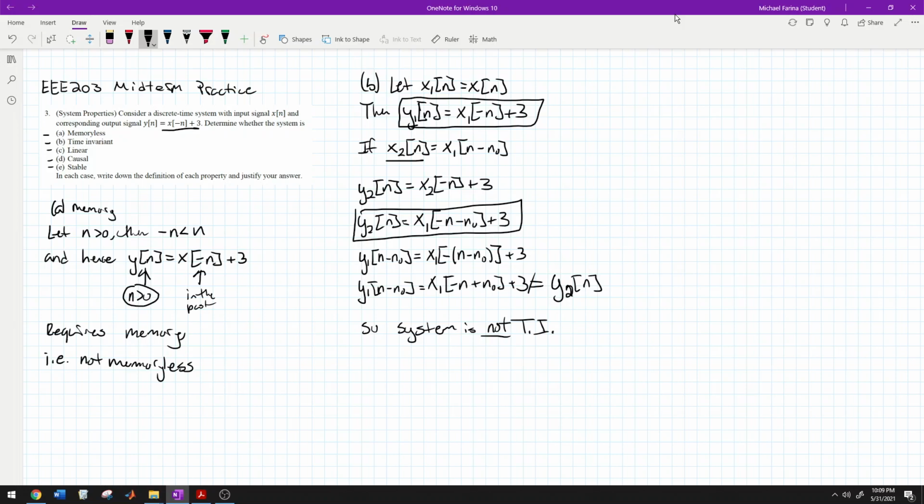All right, C, linearity. Let's have three signals. Let x3 be a linear combination of x1 and x2.